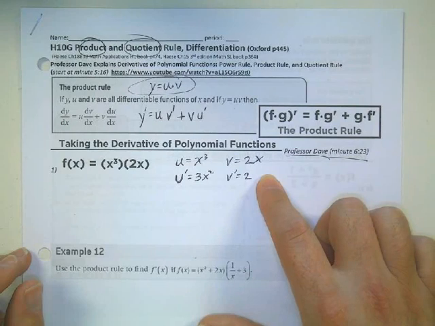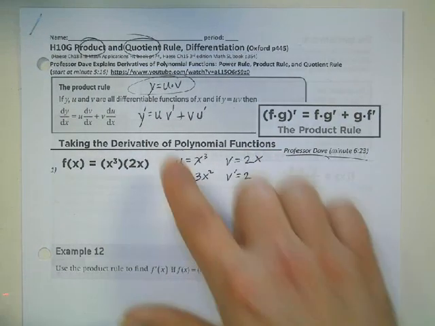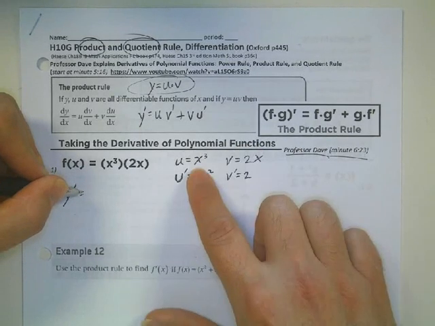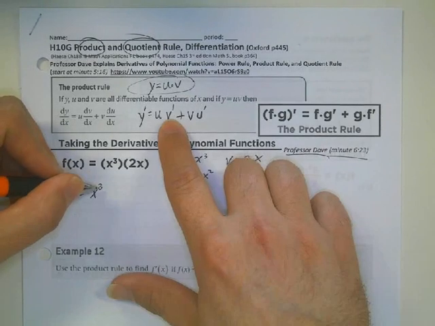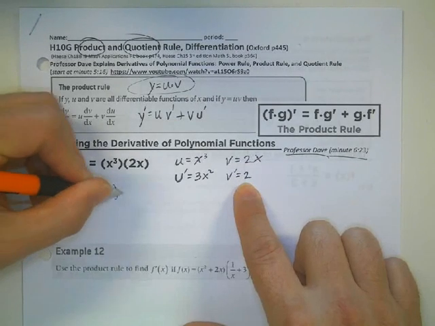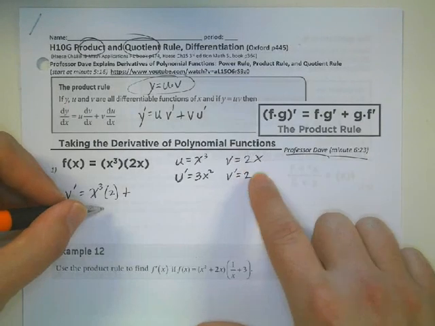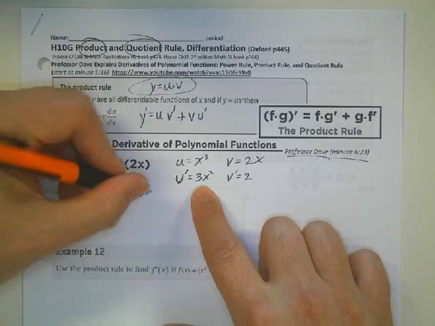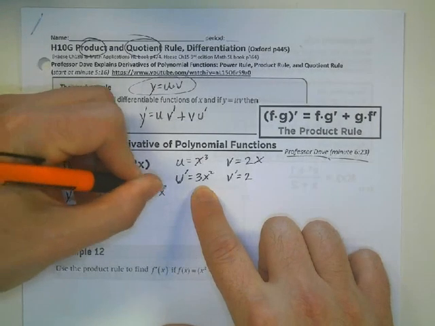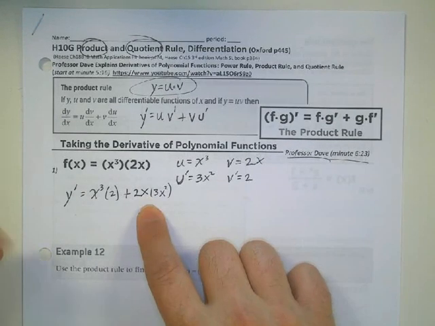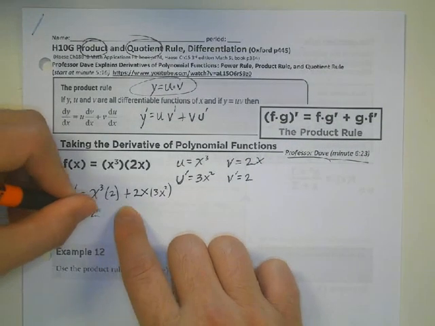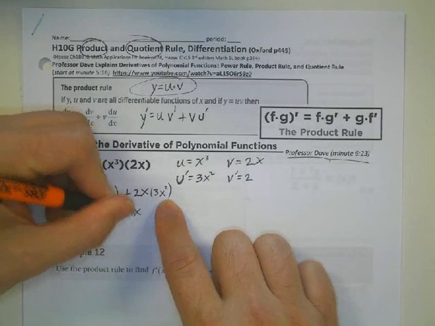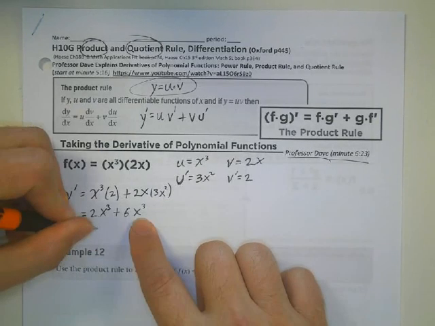Okay, so using this formula, I'm going to call it y prime, is equal to u, which is x cubed, times v prime, which is 2, plus v, which is 2x, times u prime, which is 3x squared. Okay, and I can simplify that, and I get 2x cubed plus 2 times 3 is 6x cubed. And that simplifies to 8x cubed.